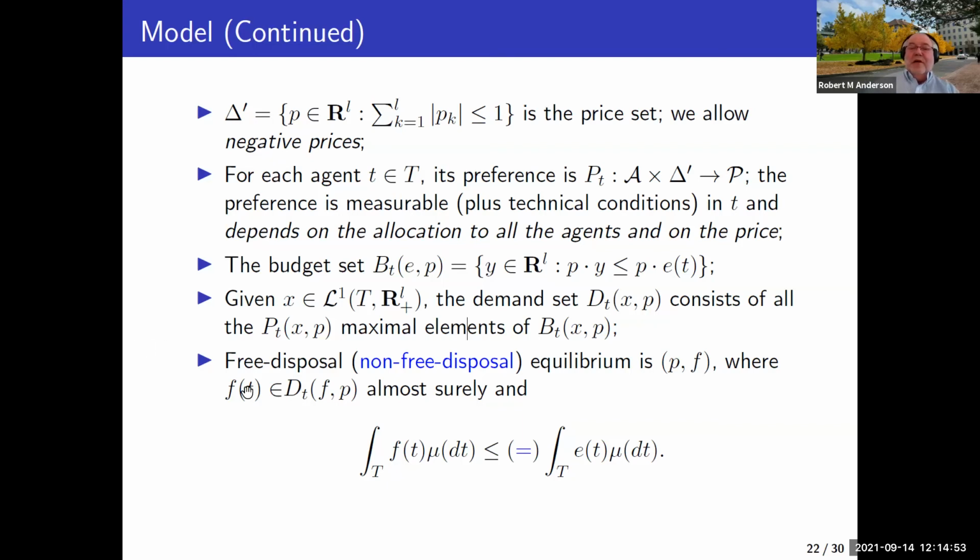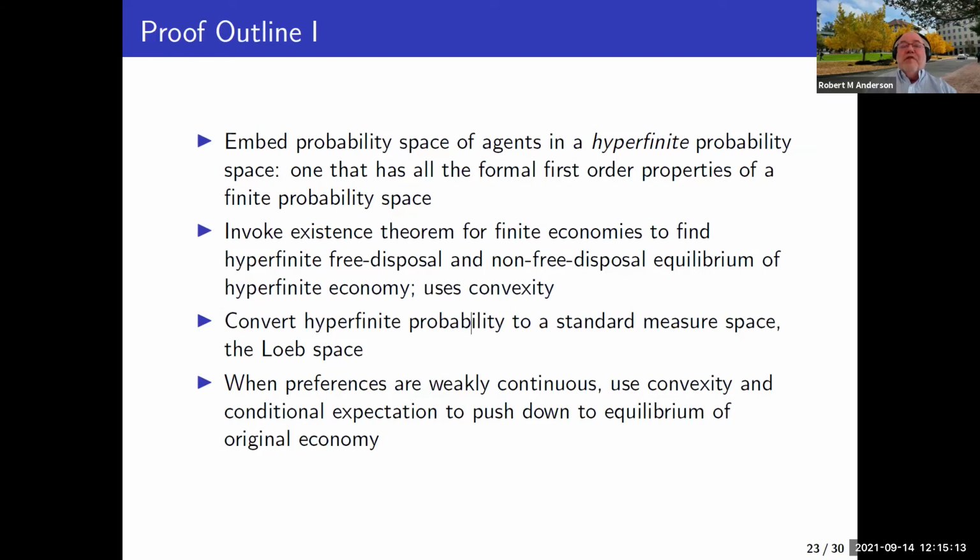And we get, just as in the finite case, either free disposal or non-free disposal equilibrium, and that's the total consumption has to be less than or equal to the total endowment in the case of free disposal equilibrium, or equal in the case of a non-free disposal equilibrium. So our theorem is that equilibrium exists in this model, and therefore, as a consequence of that, a computable general equilibrium model in this framework will actually also find an equilibrium in a computationally efficient way.